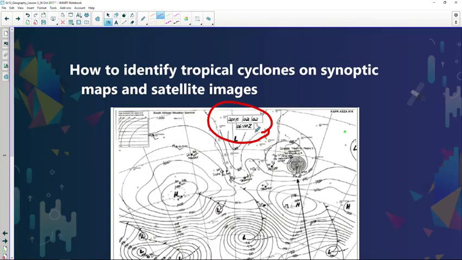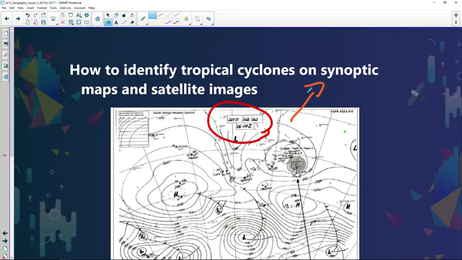Another reason why it forms over there is that it needs warm tropical ocean water. And what does it need to be? Above 27 degrees Celsius. Now, late summer, warm ocean waters, and like we've mentioned before, on the east coast of continents.